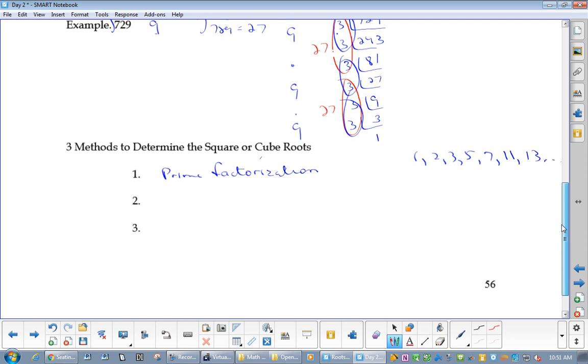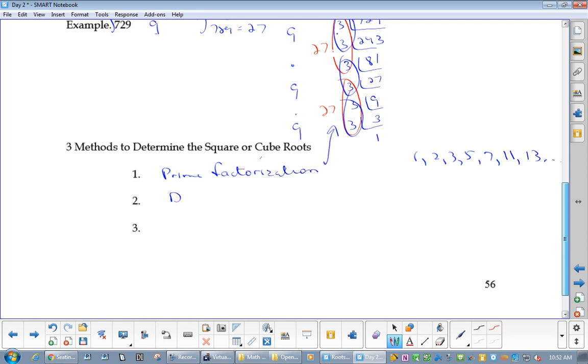They have no factors except for 1 and themselves. You can't, like 6, 3 and 2. Right? 8, 2 and 4. 5, nothing. Divide by 5. 1 and itself means it's a prime. Yeah, I mean 1 works for everything. So prime factorization is what we did there, all the 3's.